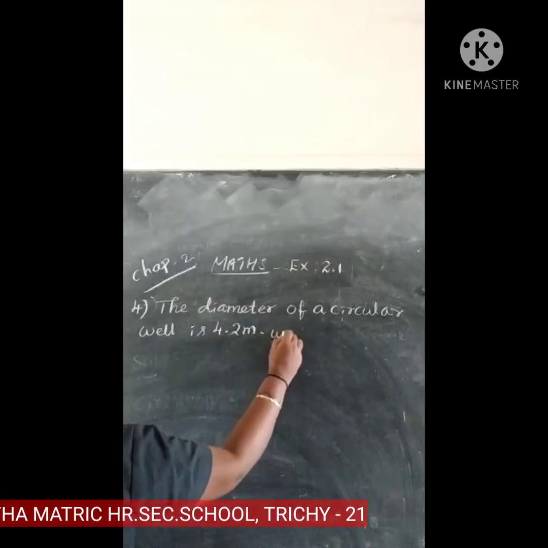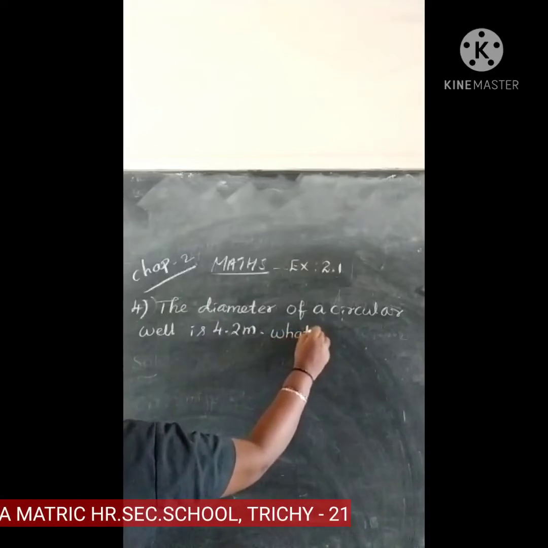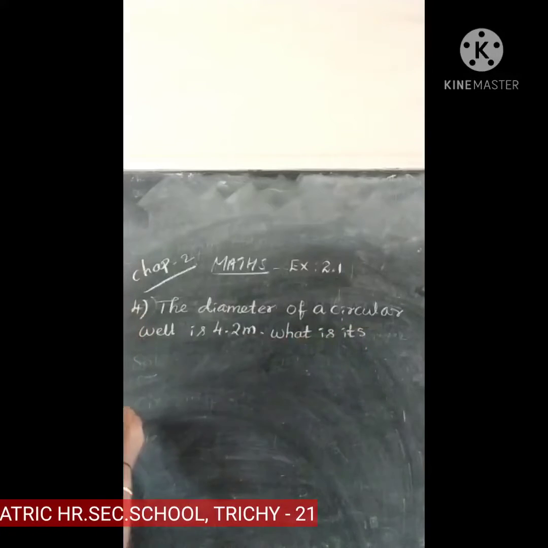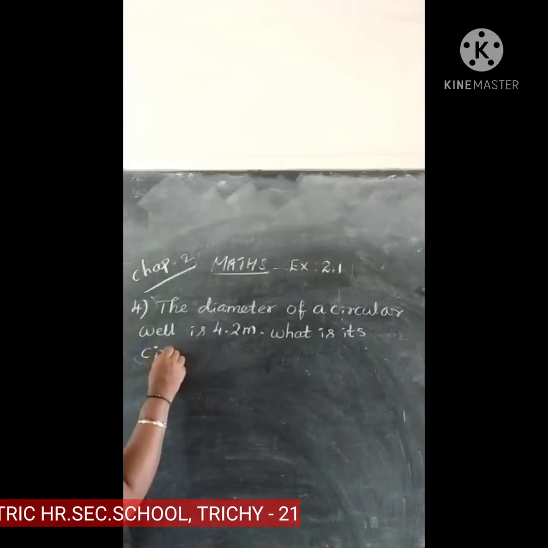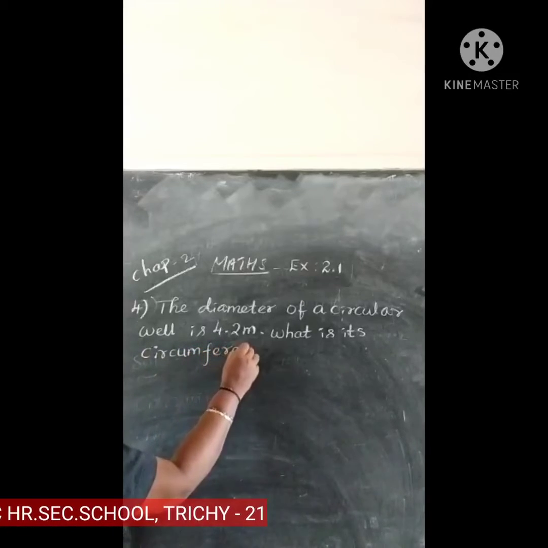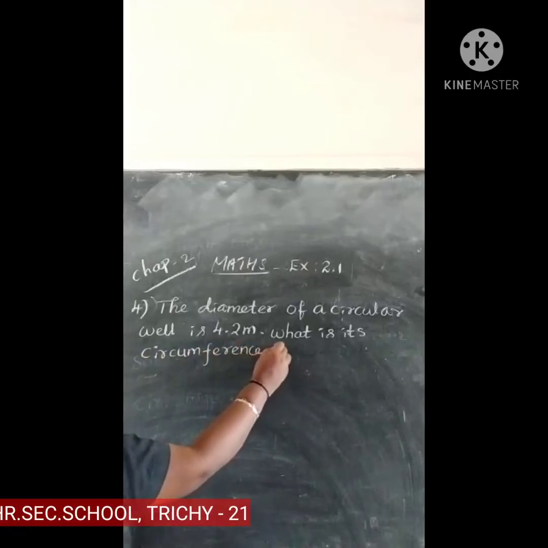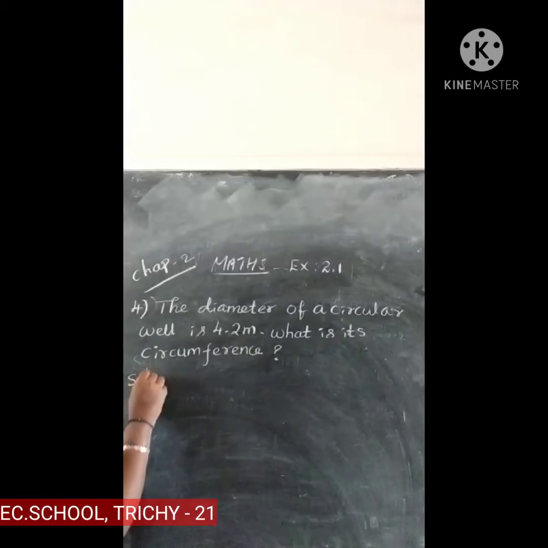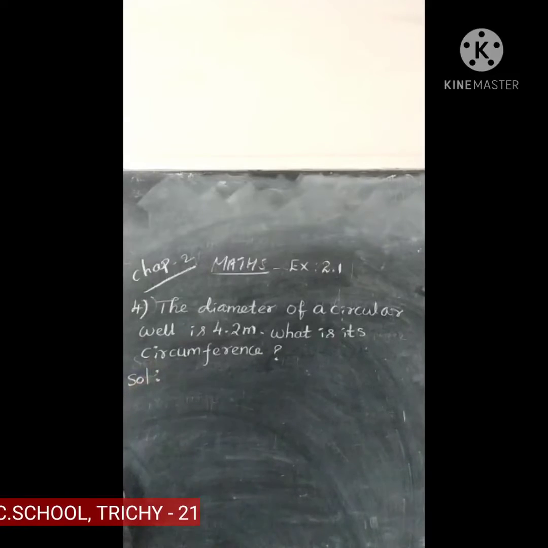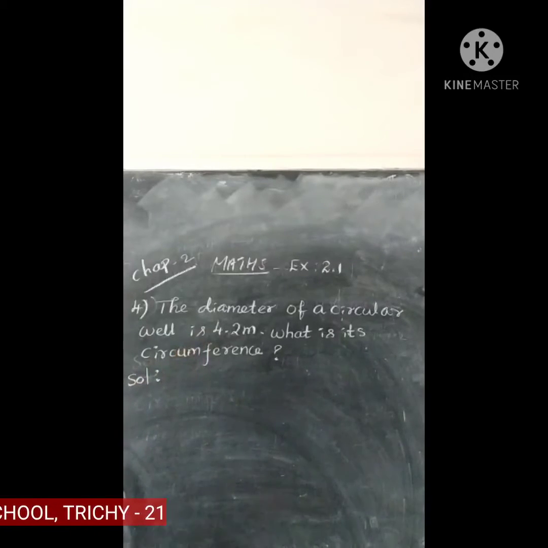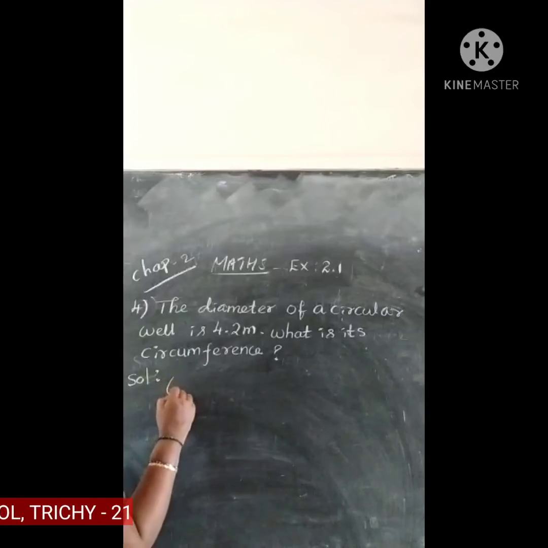What is its circumference? So here we write the solution. The diameter of the circular well is 4.2 meter. So the diameter given, we find the circumference of the well. So we write the solution in the first line.